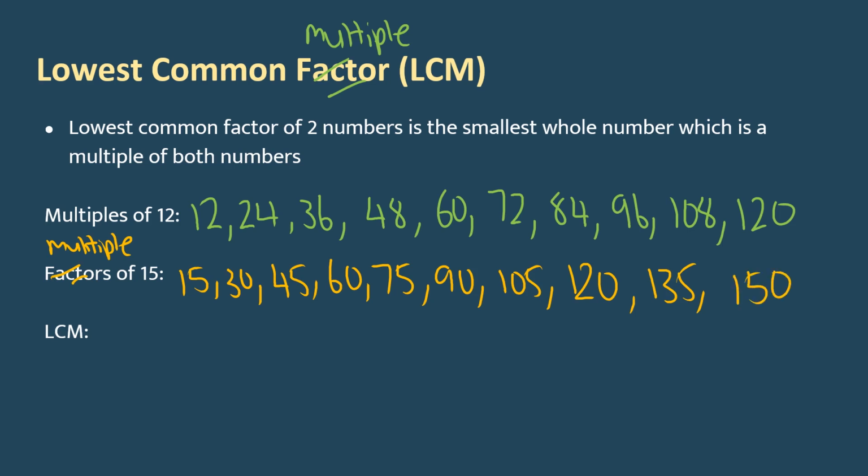The common multiples are numbers that appear in both the list of 12 and the list of 15. So what we find is 60 and 120. However, the lowest common multiple is 60, because that's the smallest one. 120 is bigger than 60, so we use 60 as the lowest common multiple.